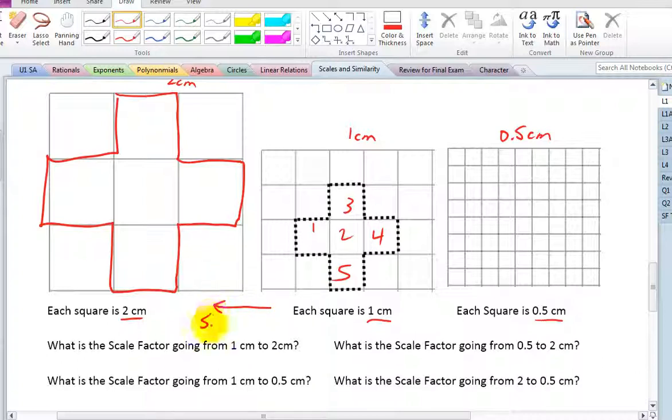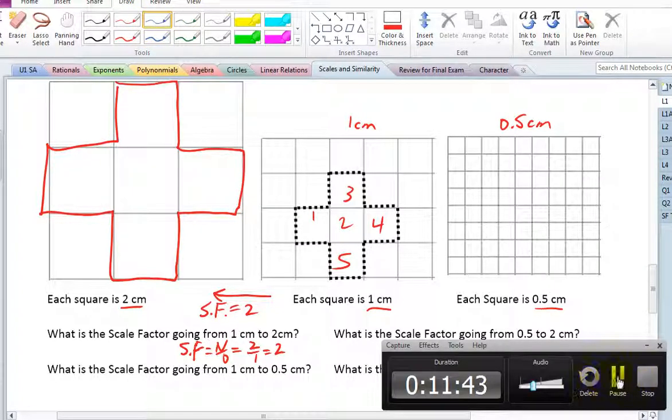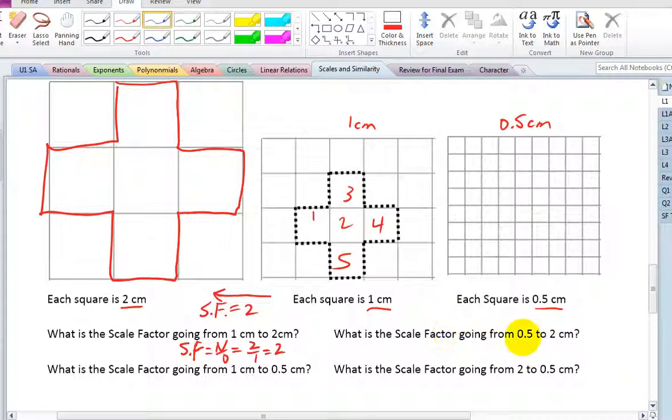What was the scale factor going from 1 centimeter to 2 centimeter grid paper? Yeah, it's a scale factor of 2. Okay. So from 1 to 2, the scale factor would be new over original. So it would be 2 over 1, which would be 2. Okay. What about the scale factor going from 0.5 to 2?